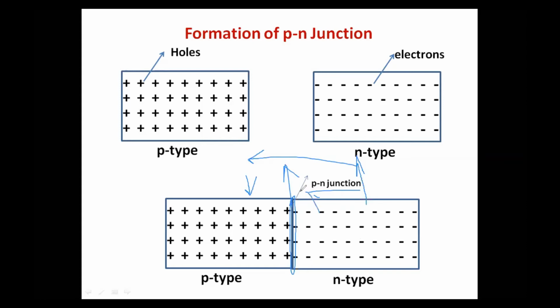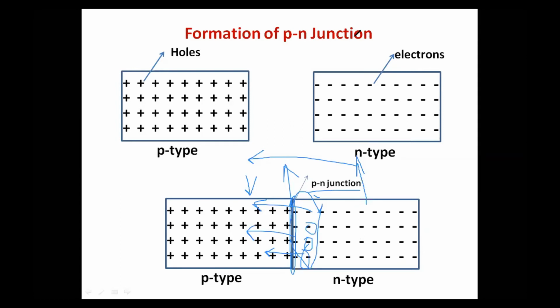So some of the electrons from the n region, which has high concentration, will diffuse into the p region. Whenever the electrons diffuse from the n region to the p region, we get holes left behind, which is nothing but positive charge.